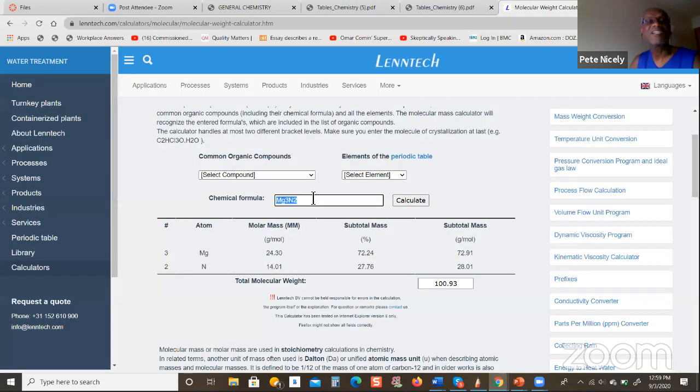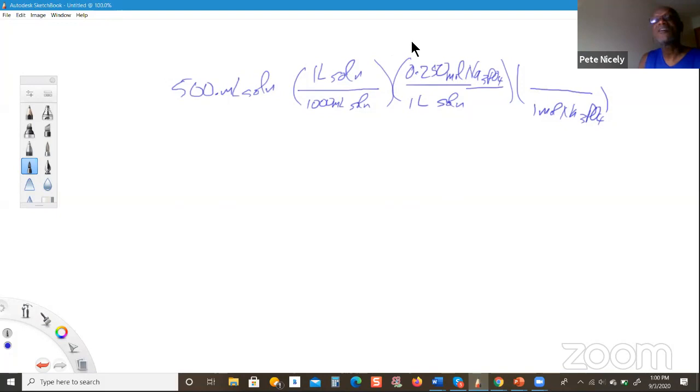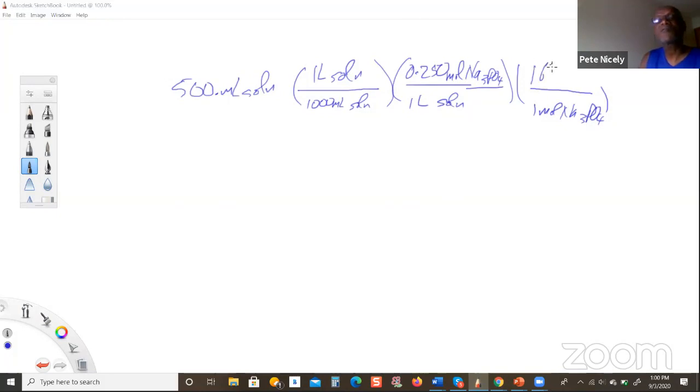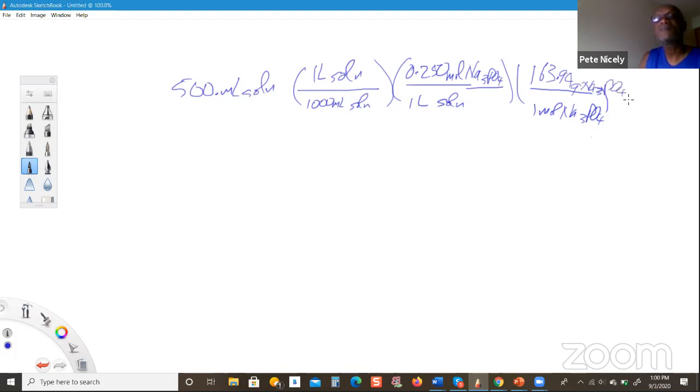Being the lazy person I am, I'm going to go to my molar mass calculator. The formula for sodium phosphate is Na3PO4. Calculate. According to the molar mass calculator, that would be equal to 163.94 grams. So that is going to be up here, 163.94 grams of sodium phosphate.